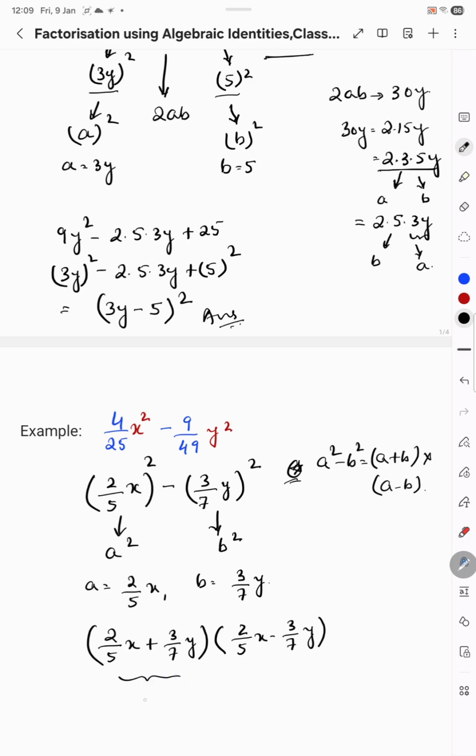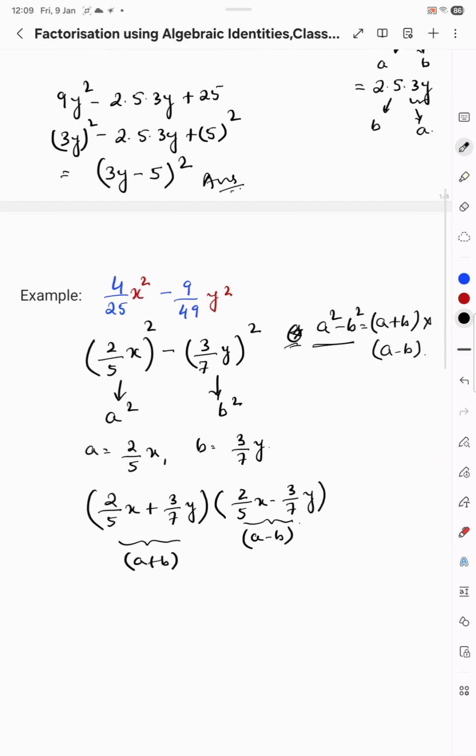This part is the a plus b of the identity and this part is the a minus b of the identity. So we have used the identity a square minus b square to get the solution for this expression. Okay, now you can leave it here, or if you want you can further simplify it. You can take the LCM and do one more step if you want.